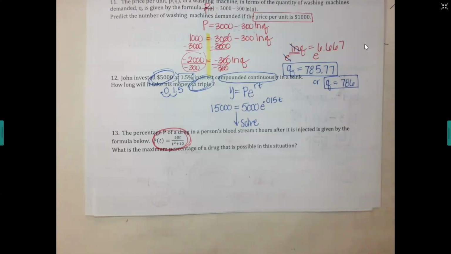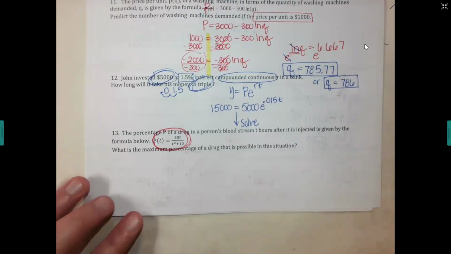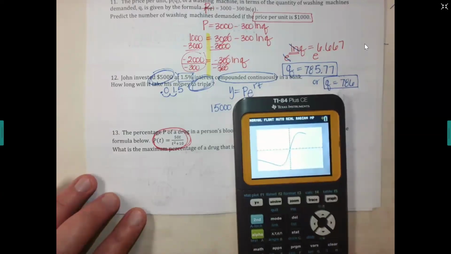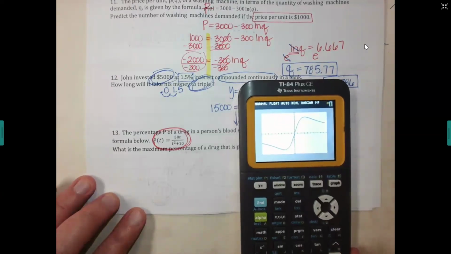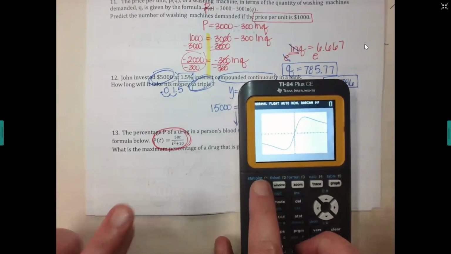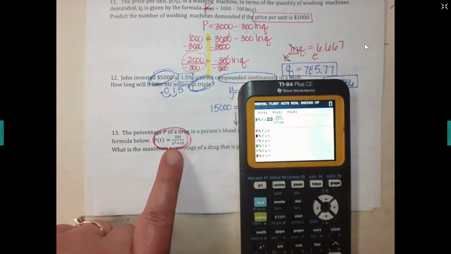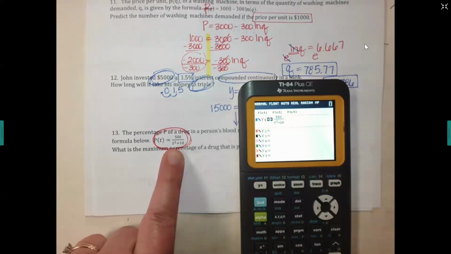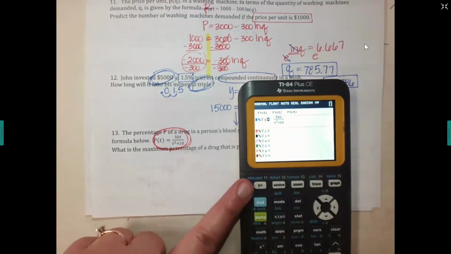So I am showing you what that graph would look like here. I typed it in while I was reading it out loud. In my y equals, all that I did was take that equation, 50x over x squared plus 10, and put it into my y equals, and now I'm looking at the graph.